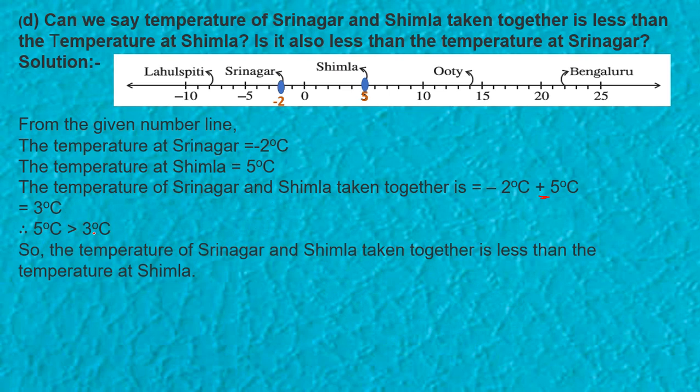No, we cannot say the temperature of Srinagar and Shimla taken together is less than the temperature at Shimla. That means both cities taken together, that temperature is also smaller than one of the cities.